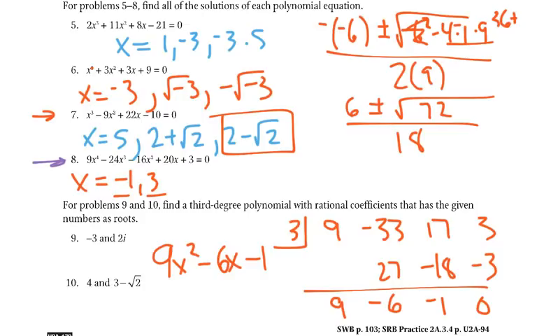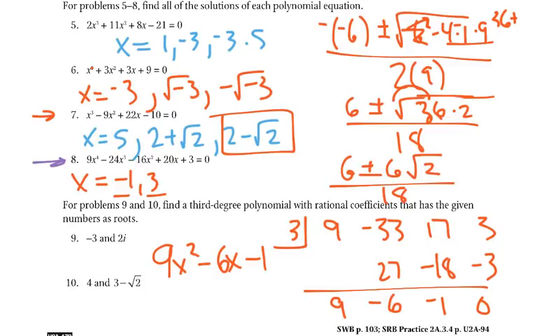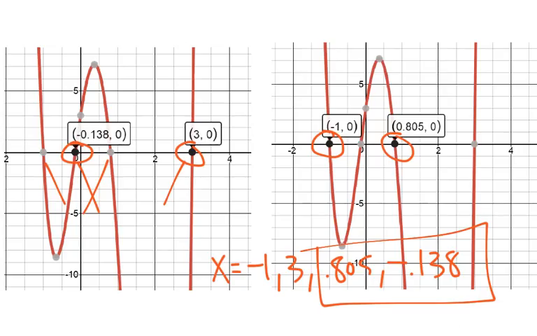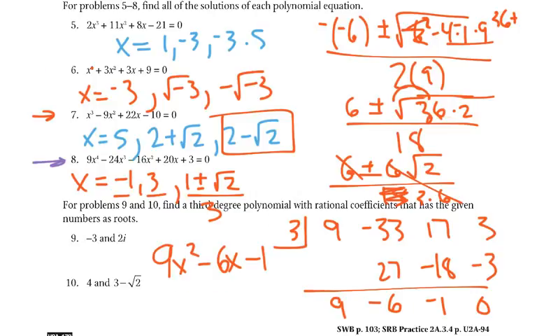Okay, now 72, we don't know the square root of that, but we know it's 36 times 2, right? And we know the square root of 36 is 6. So we'd have 6 plus or minus 6 square roots of 2 over 18. 18 is like 3 times 6, so the 6's would eliminate, and we'd have 1 plus or minus the square root of 2 over 3, which, if you type it in your calculator, will give you this decimal and this decimal. Okay? And that's another way you can do it when they're more complex like that.